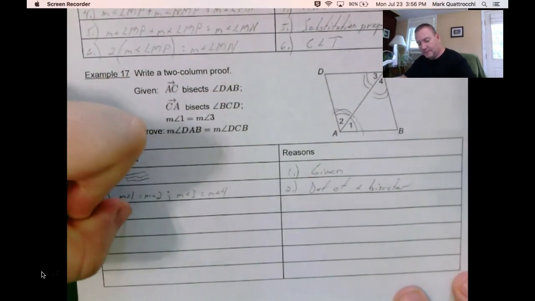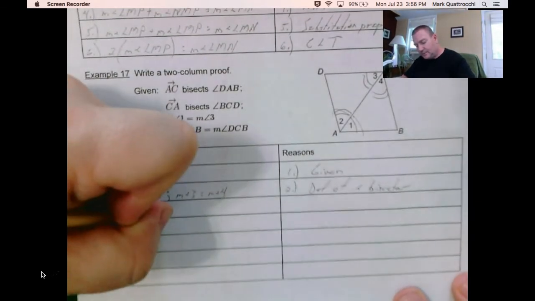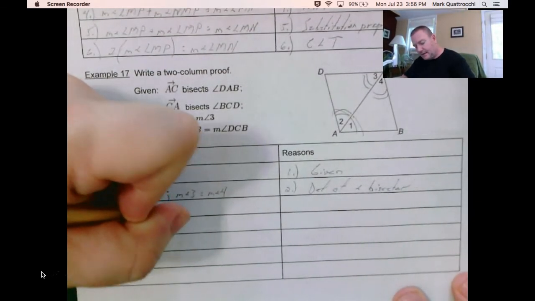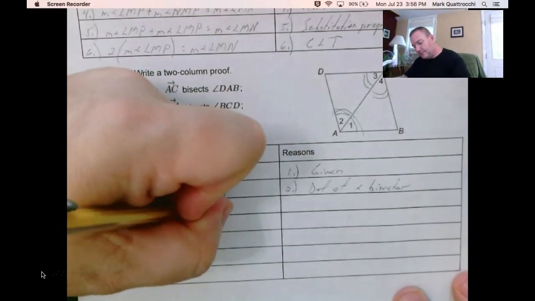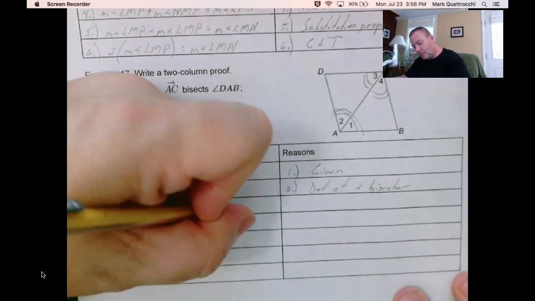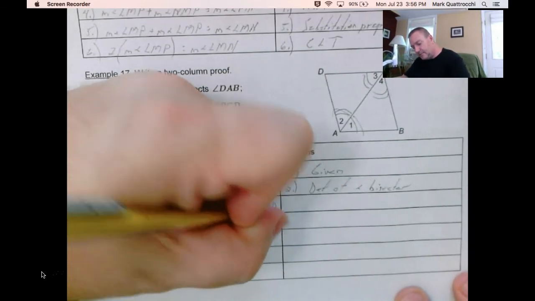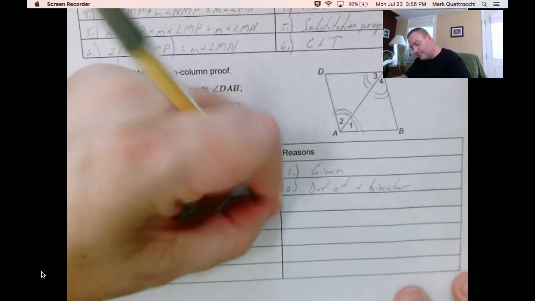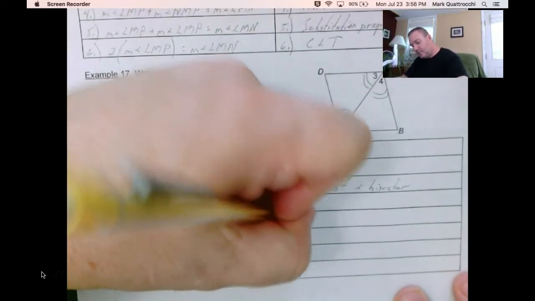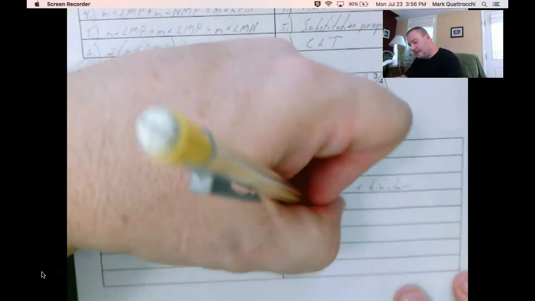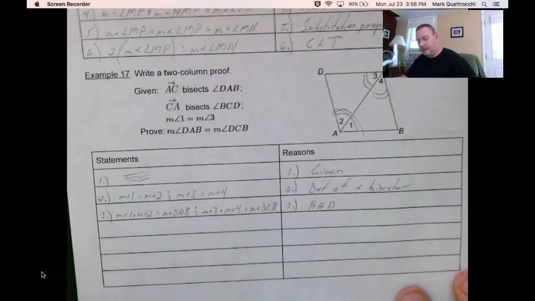So the measure of angle 1 plus the measure of angle 2 equals the measure of angle DAB, and measure of angle 3 plus the measure of angle 4 equals the measure of angle DCB. Reason 3, angle addition postulate, AAP.